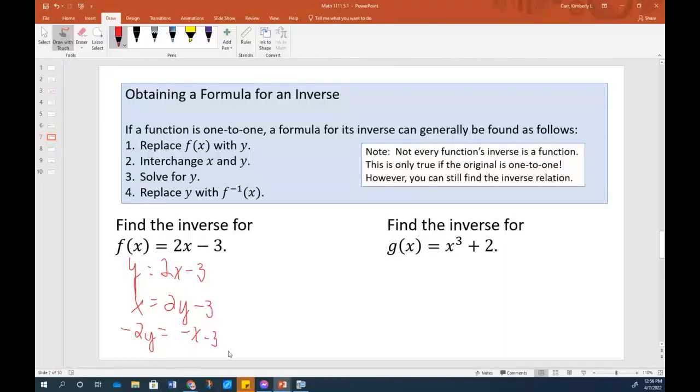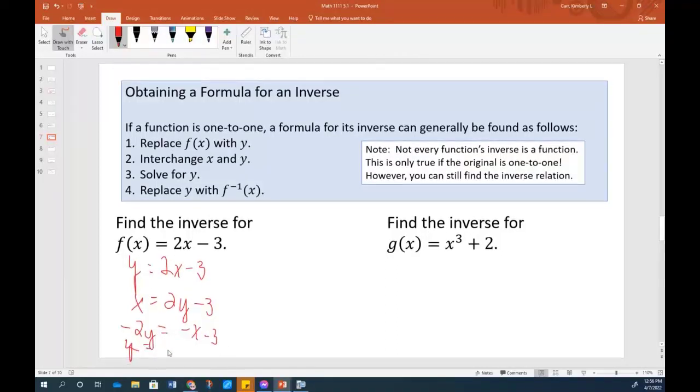I can do that by drawing one big line, or I could do each individual thing. It doesn't so much matter. So y equals, now -1 divided by -2 becomes 1/2. And -3 divided by -2 becomes a positive 3/2.